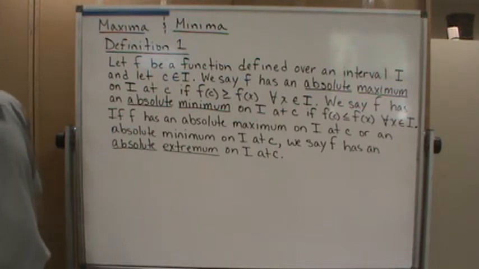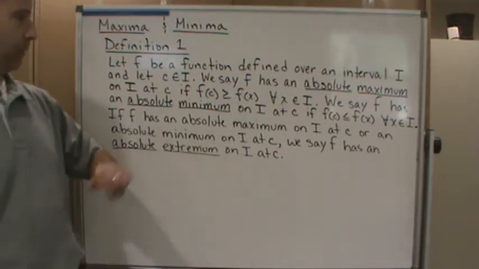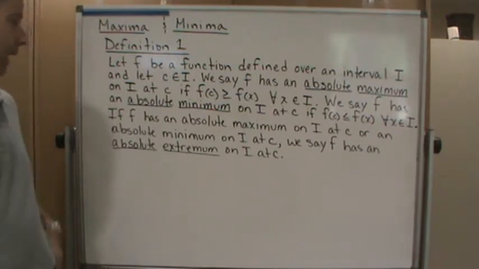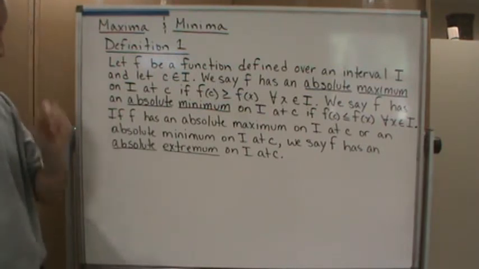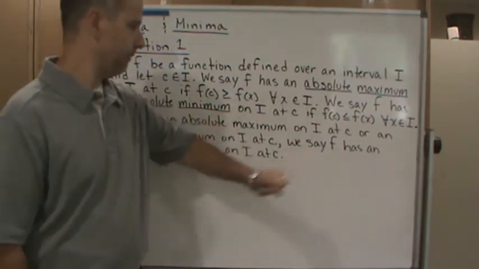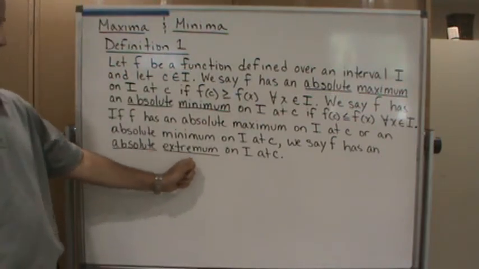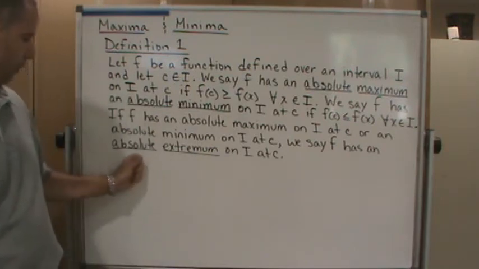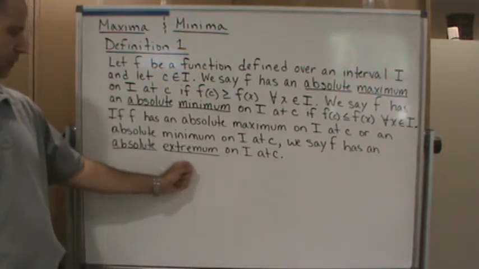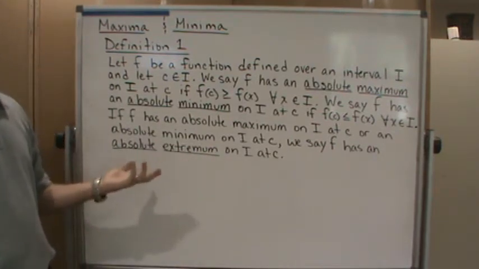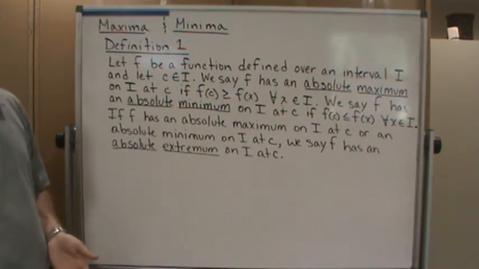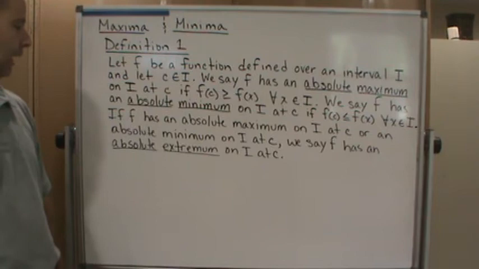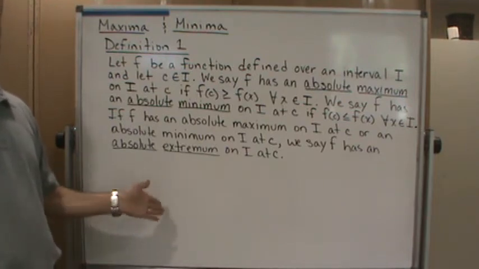Now, if f has an absolute maximum on I at c or an absolute minimum on I at c, we say that f has an absolute extremum on I at c. So when we use the term absolute extremum, it could be an absolute minimum or an absolute maximum. We're just saying, hey, there's an extreme value on the interval I at c.